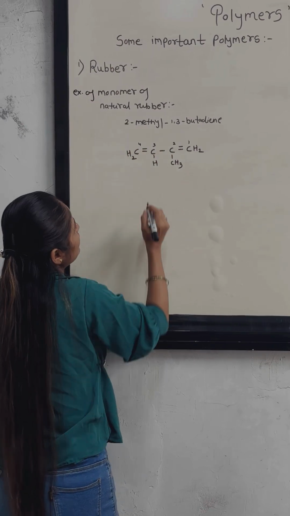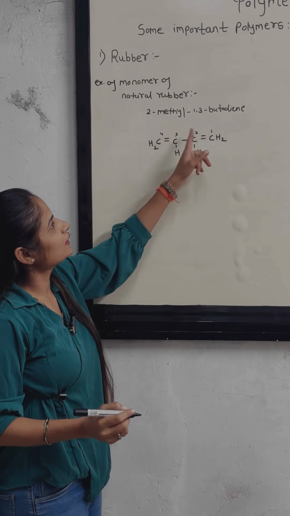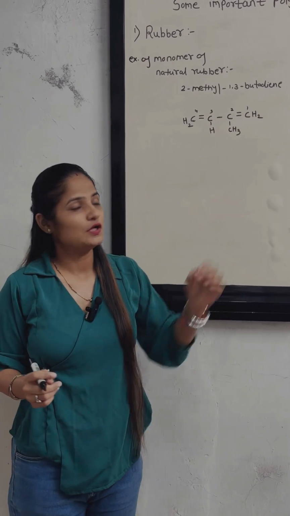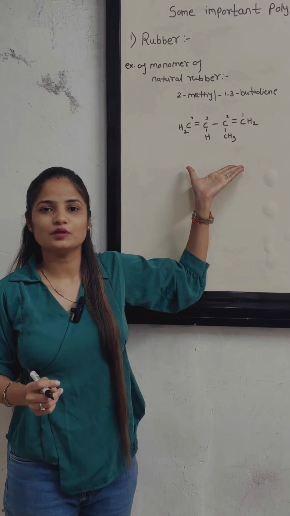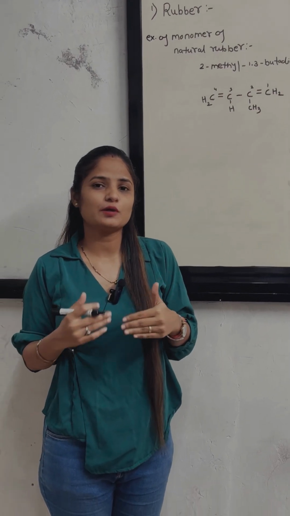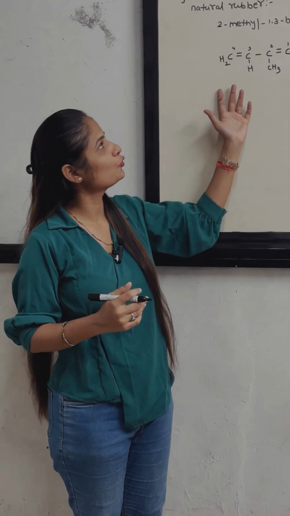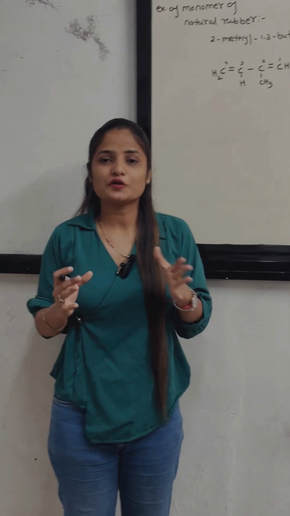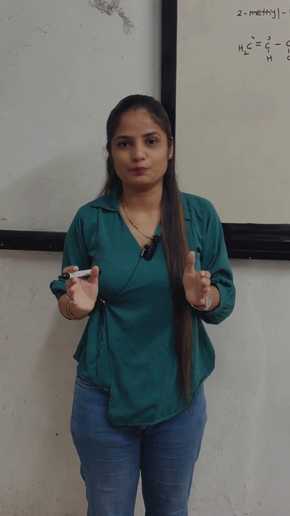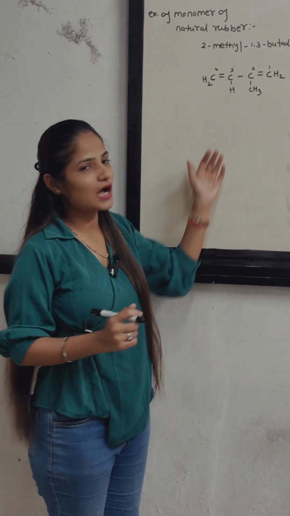It is the CH2, right? So it is 2-methyl-1,3-butadiene, or it is also called the isoprene unit. It is the monomer unit of natural rubber, right? If we do the polymerization of 2-methyl-1,3-butadiene, it forms a linear network-like structure, that is natural rubber.